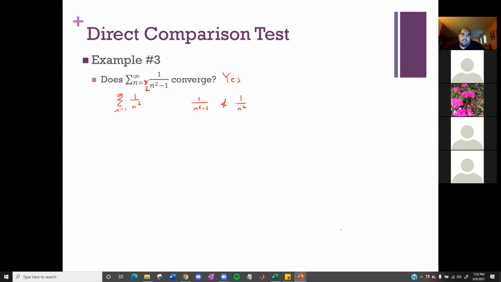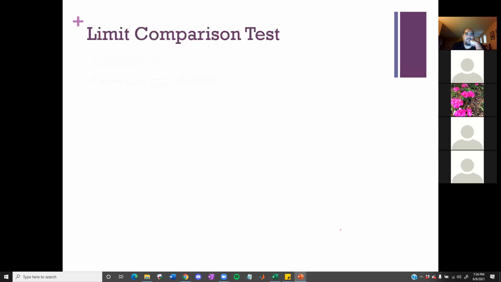No. So the direct comparison test will not help us, at least not with 1 over n squared. So we need a different tool. I'll make a note here: direct comparison fails. We need another tool to help us prove this, because this series does converge. We just can't prove it with this test. So we have to bring in something else.